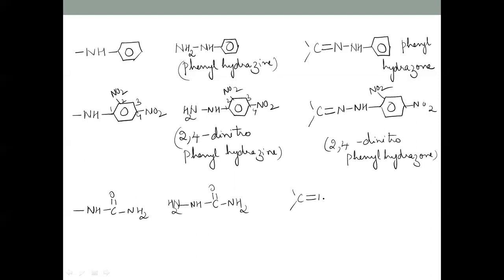C double bond N, NH, CONH2. So the product will be semicarbazone. Depending upon the reagent name, we can write the name of the product. Simple. So this is the reaction with ammonia and its derivatives. These are some of the nucleophilic addition reactions of aldehydes and ketones.